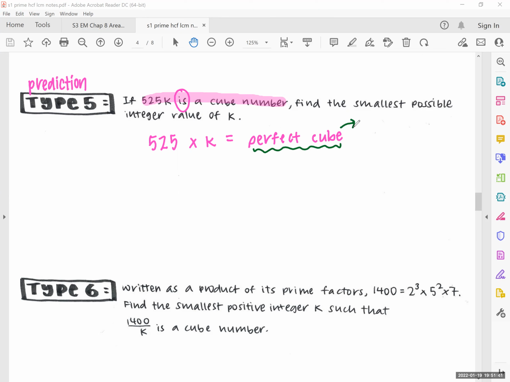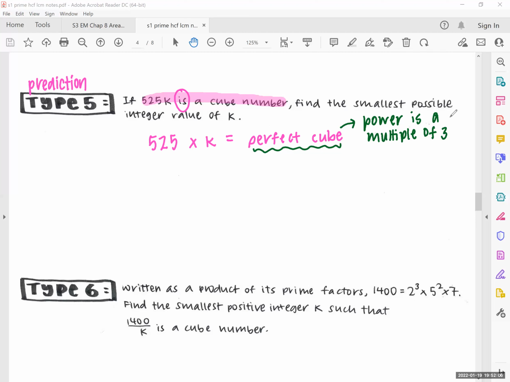Just now, perfect square means the power is a multiple of 2, right? So perfect cube means that the power is a multiple of 3.